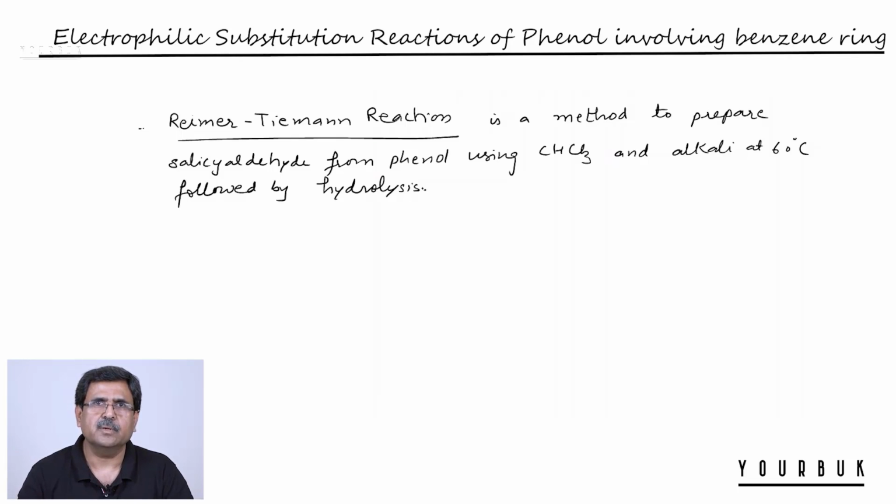The alkali used in the Reimer Tiemann reaction can be either sodium hydroxide or potassium hydroxide.